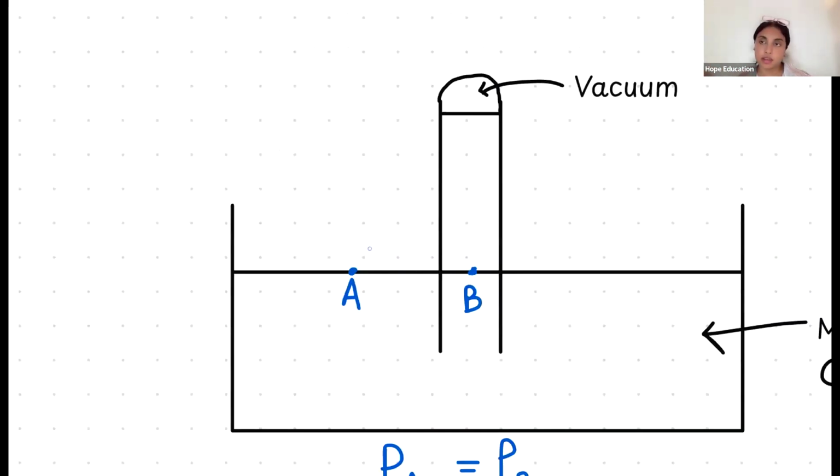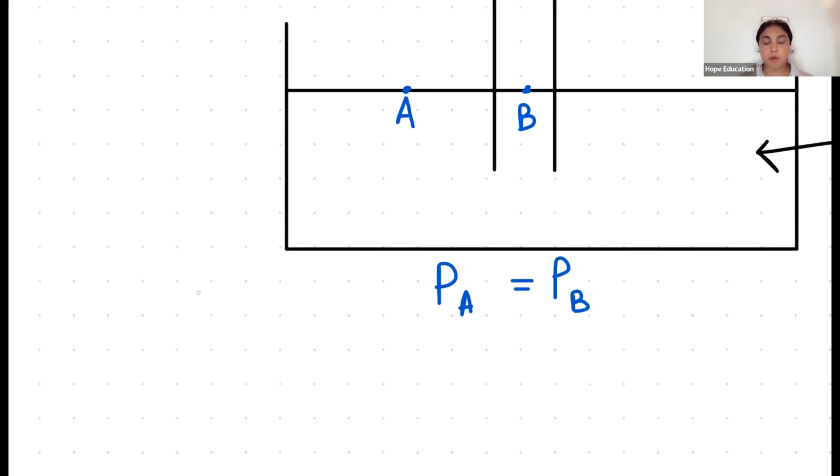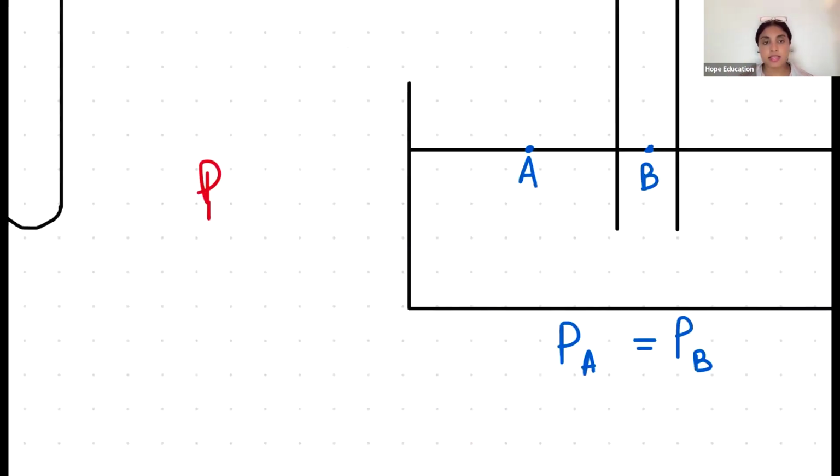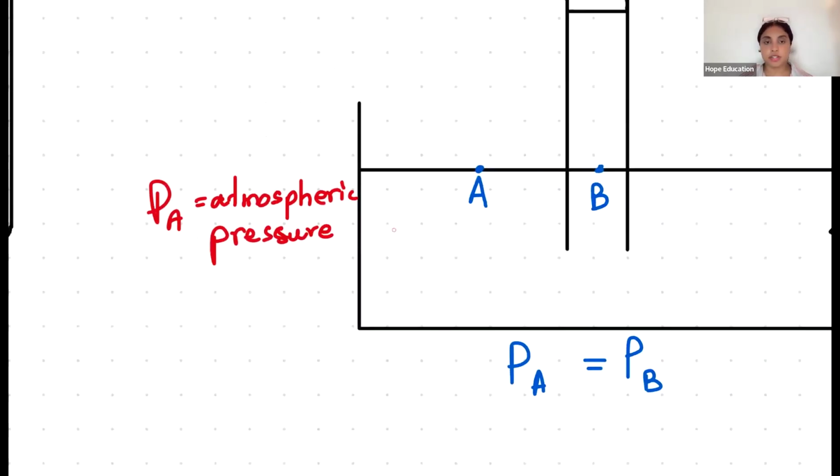That means atmosphere. ඒක හින්දා අපිට A වල pressure එකට කියන්න පුළුවන් it's atmospheric pressure. So we can say pressure at point A is equal to atmospheric pressure, because above point A there is only atmosphere.